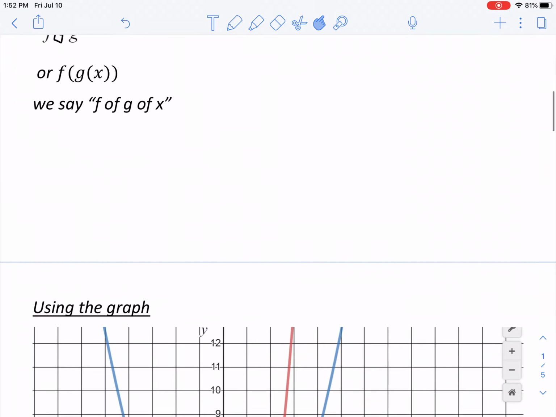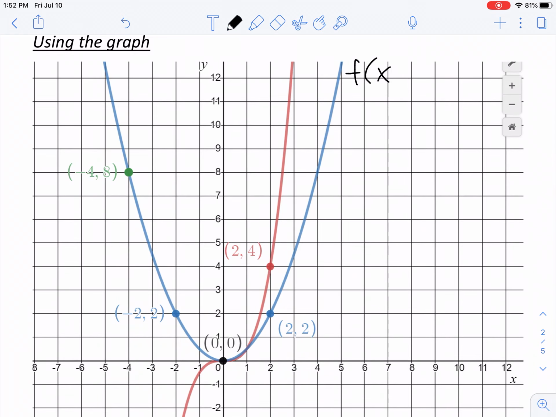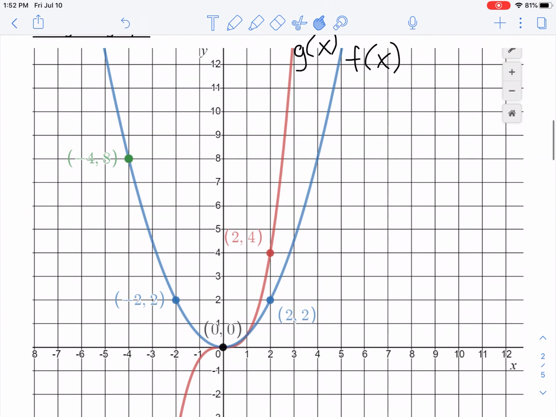So let's see how we might use a graph to do this. So let's call this f at x, and this will be g at x. And we want to find f of g at -2.